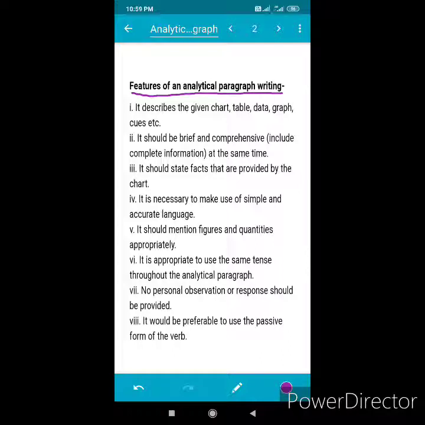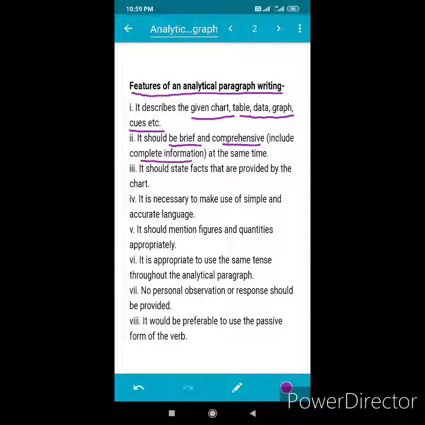What it describes: the given chart, table, data, graph, cues, etc. Second point, it should be brief and comprehensive. You have to include the complete information in it at the same time.